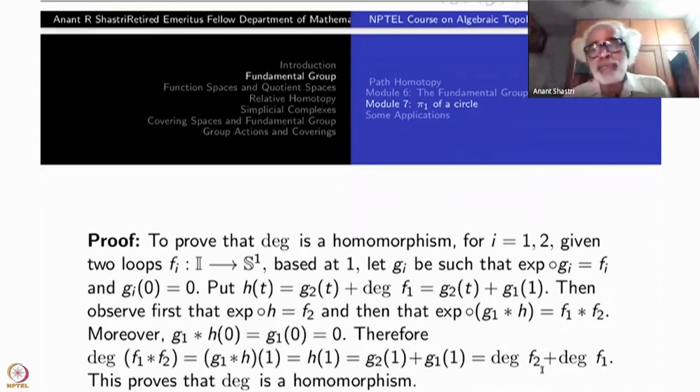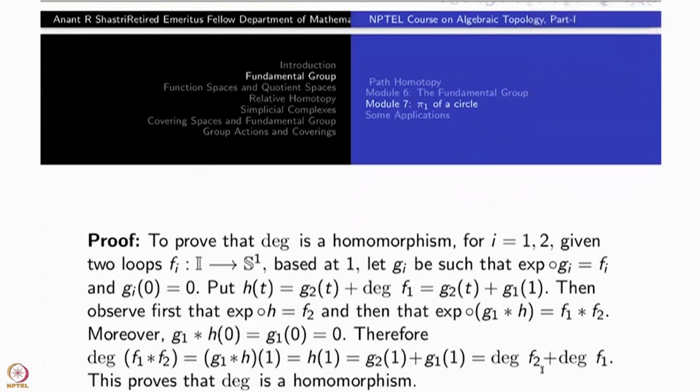The second part of the loop will come, H of 1. But H of 1 is G2 of 1 plus G1 of 1, which is degree of F2 plus degree of F1. So the proof that degree is a homomorphism is over.